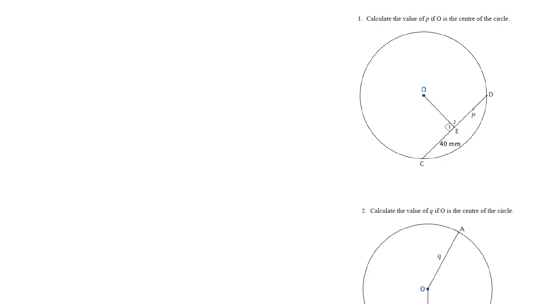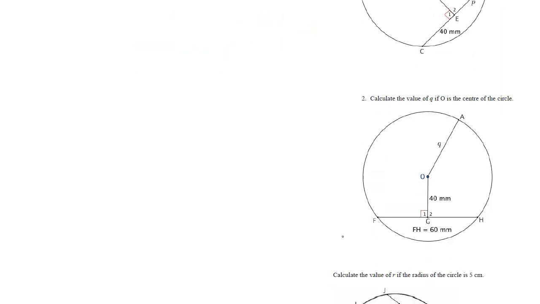You see that EC is equal to 40, then ED, which is equal to P, is equal to EC. Why? Because it says in Theorem 1. So ED is equal to 40 millimeter.